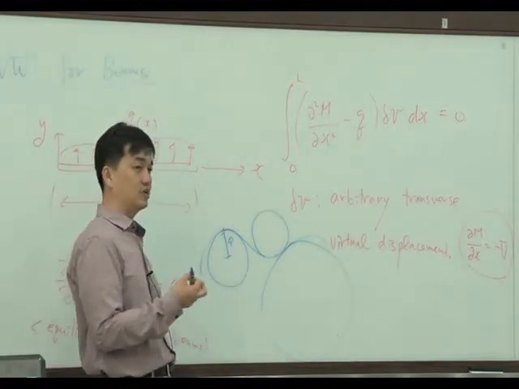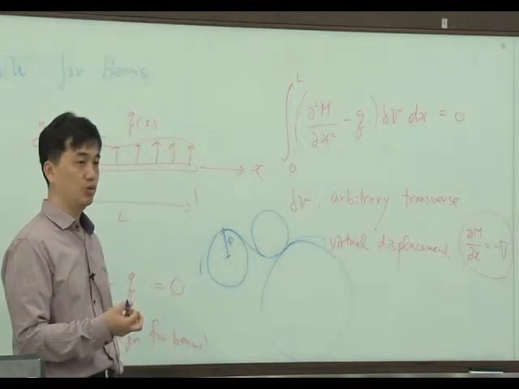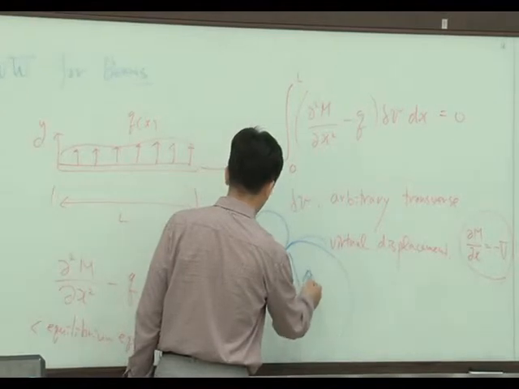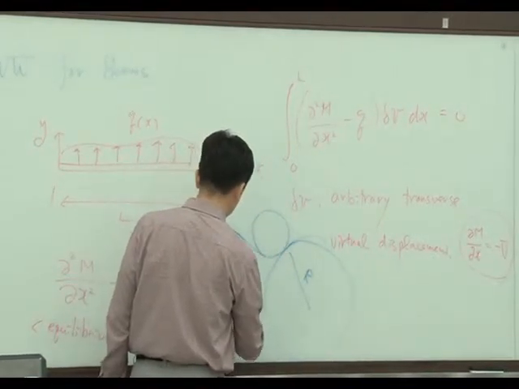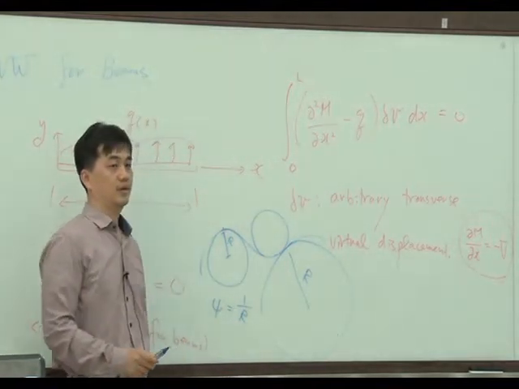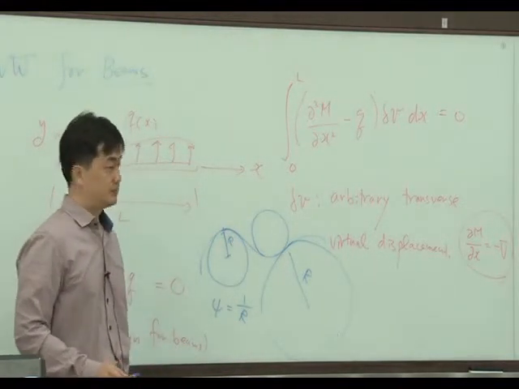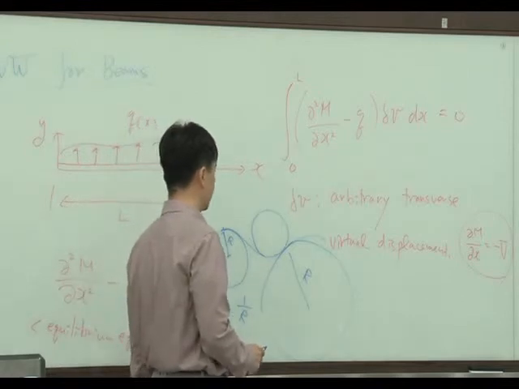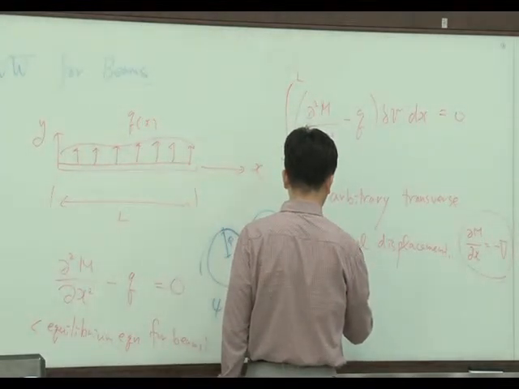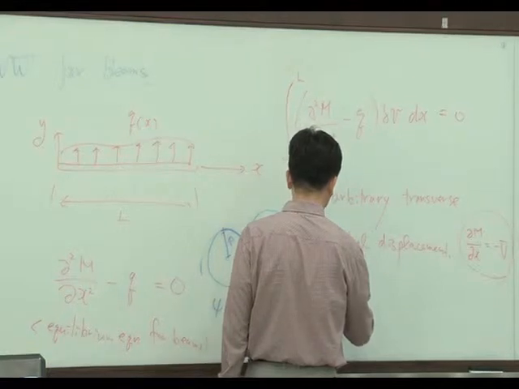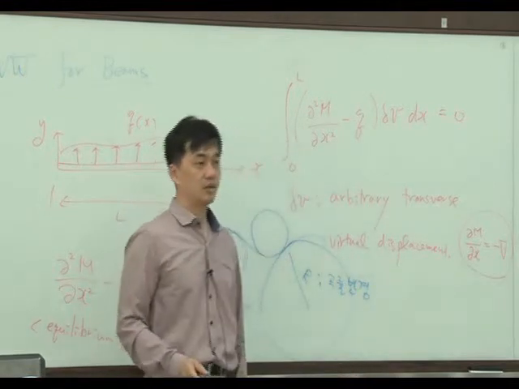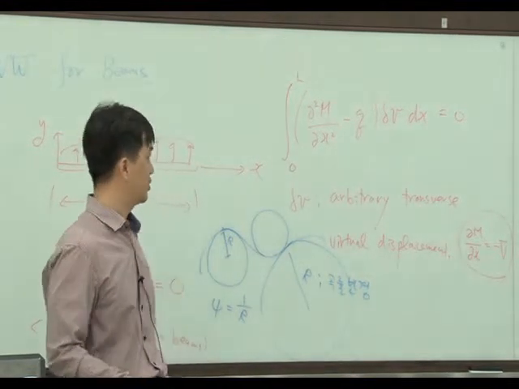If the change of slope is small, the radius will be very big, right? And curvature is just the inverse of that radius. In Korean, 곡률 반경.